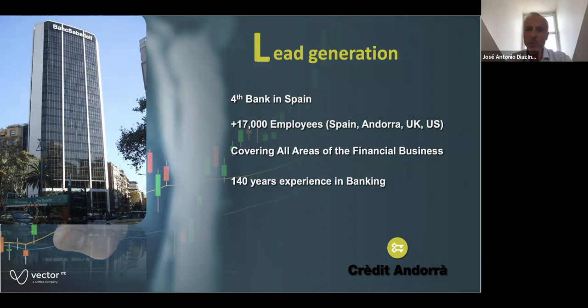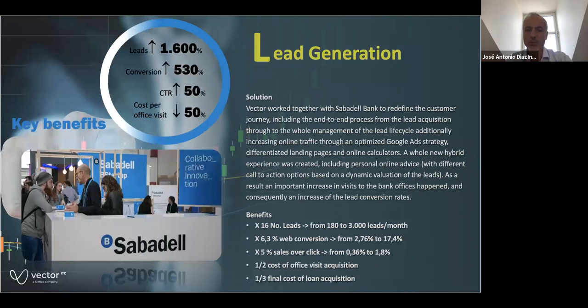And we also provided a call center that could provide personal advice through many calls during the online process. So finally, this combination of the online part of the process with the physical part of the process allowed us to achieve a big increase, as mentioned in these numbers.